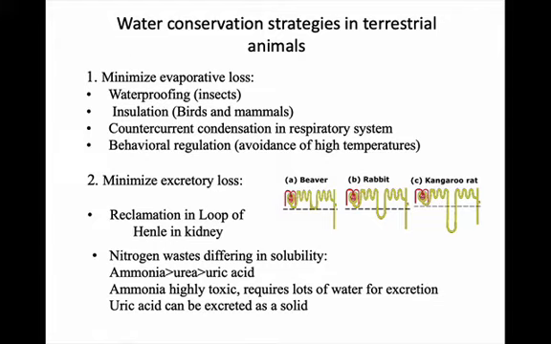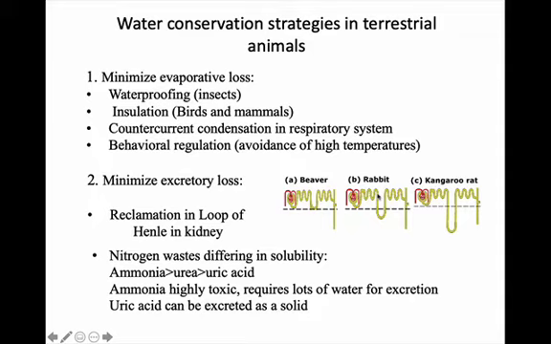This is the area that is available to actively transport water out of the urine and back into the bloodstream. So you can see that the beaver that experiences very little water stress is not really worried about reclaiming water and can produce a dilute urine with no trouble at all.